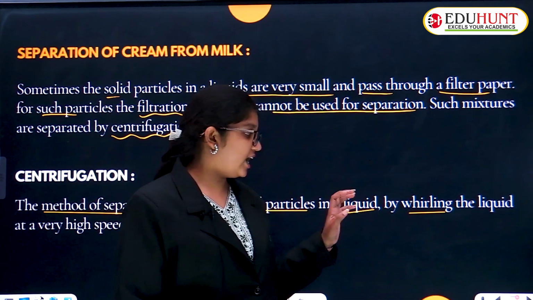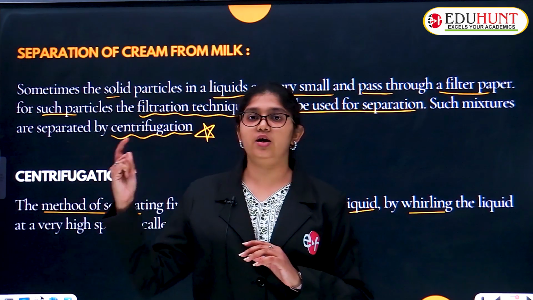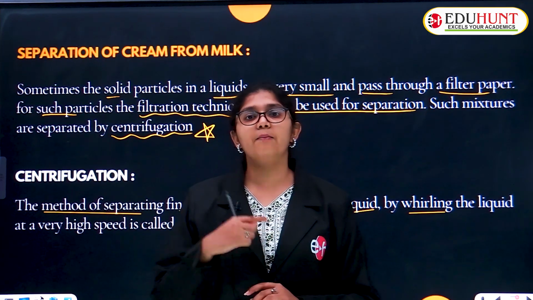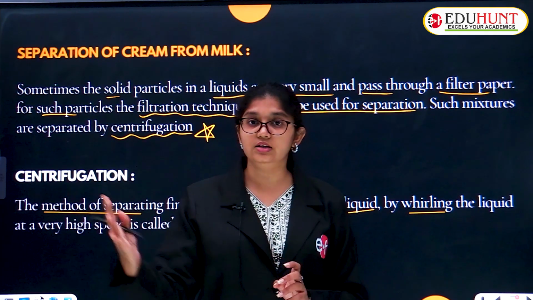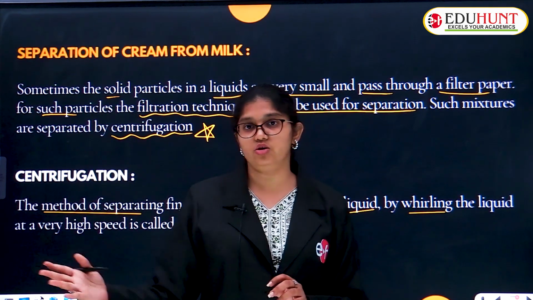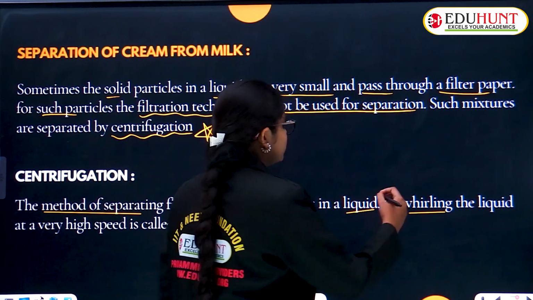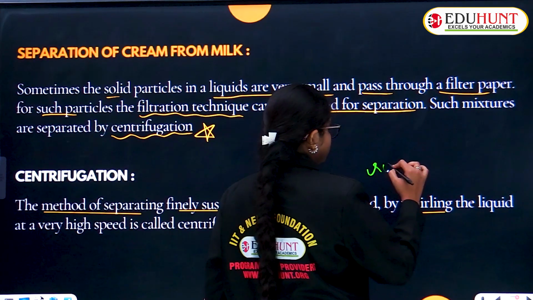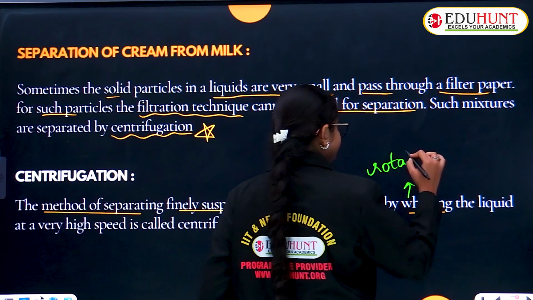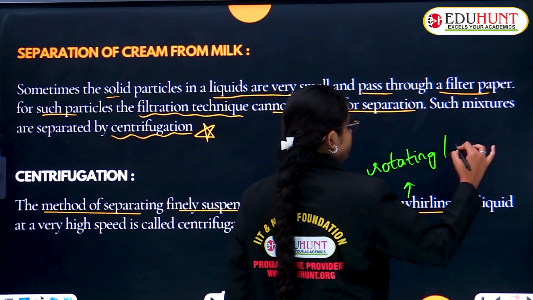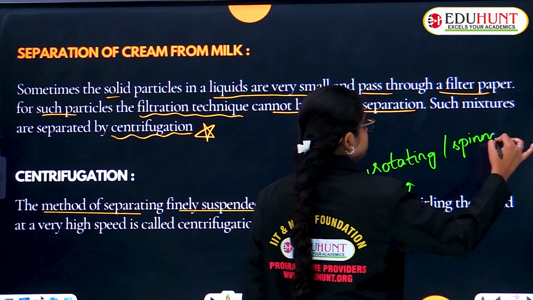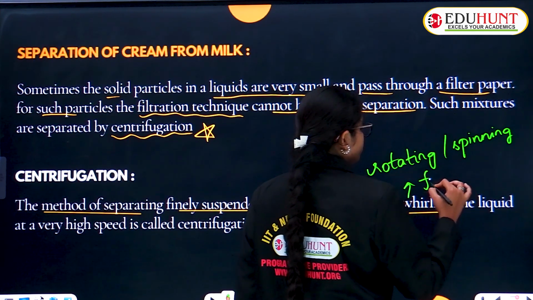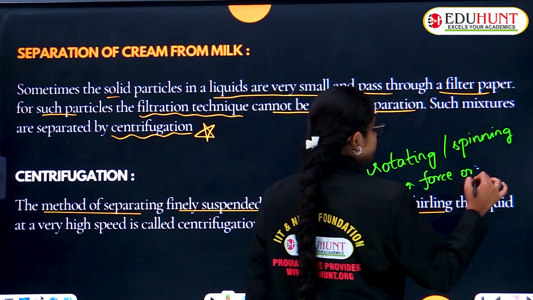In that machine we use whirling, which means the complete machine is turned with some speed or force applied. That is the meaning of whirling: rotating or spinning with some force or speed.